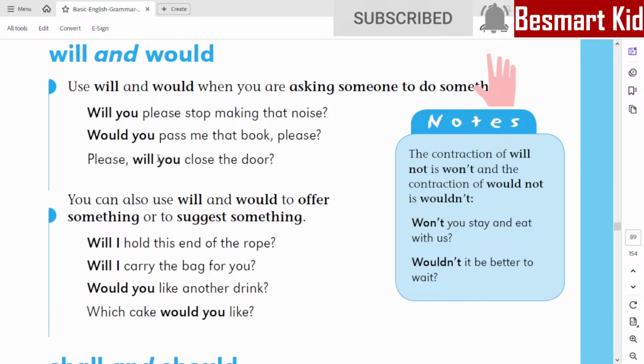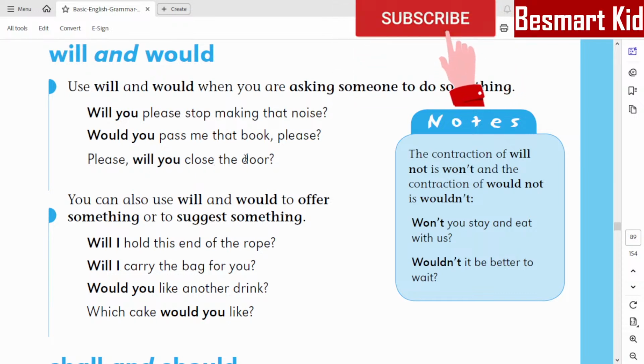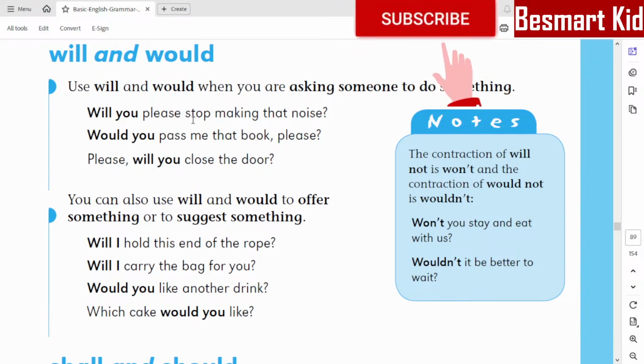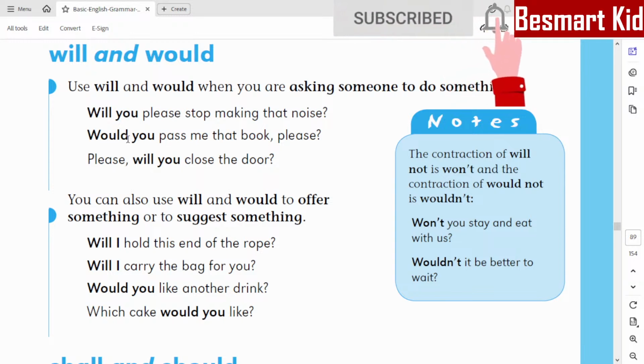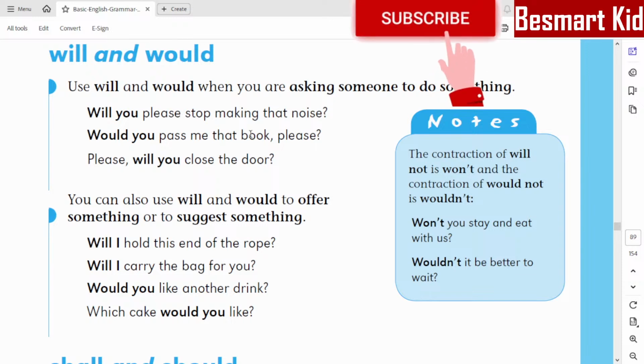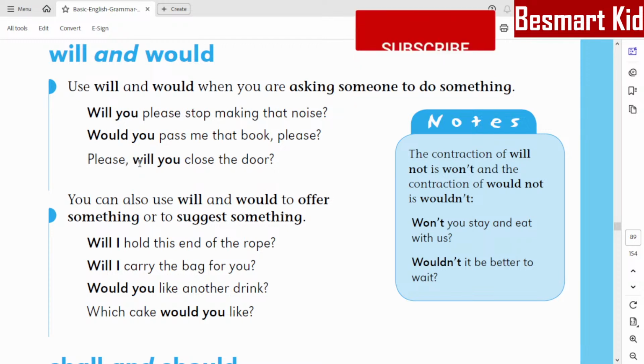Please, will you close the door? You can put please at the start of the sentence, or at the end. For example, here, would you pass me that book, please? But here, they started with please: please, will you close the door?